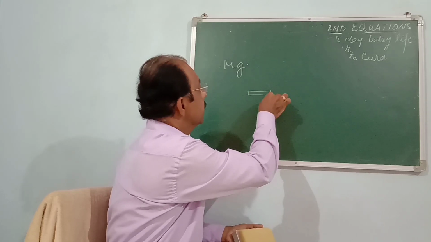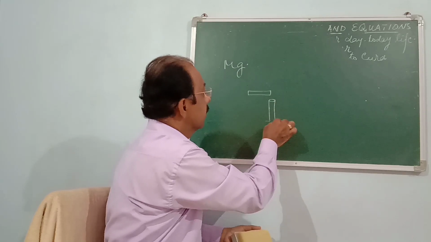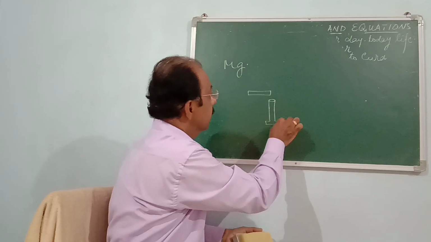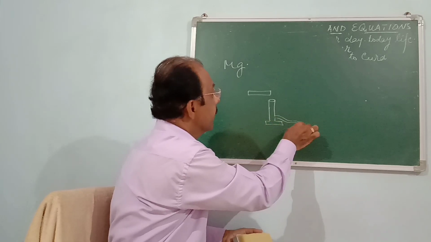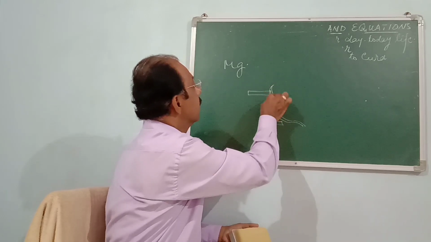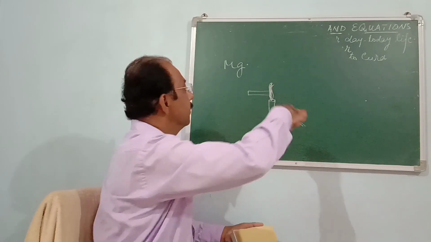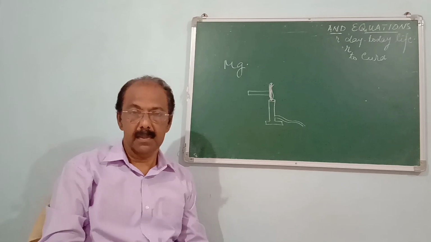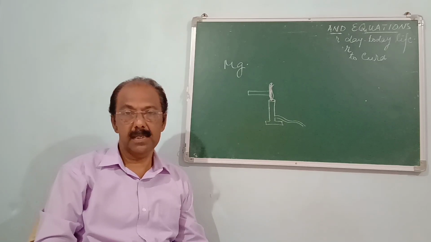A piece of magnesium is burned in air, that means with oxygen. Before burning a magnesium ribbon, care should be taken. Magnesium, you know, is a reactive metal.